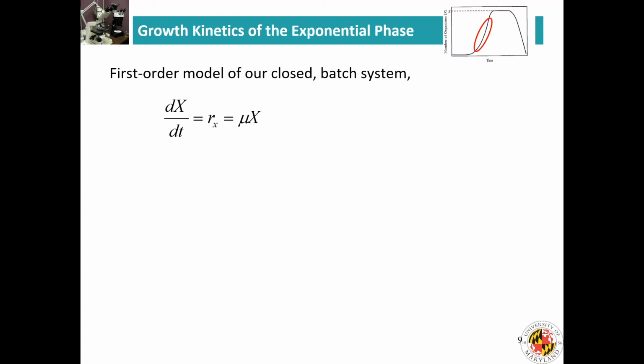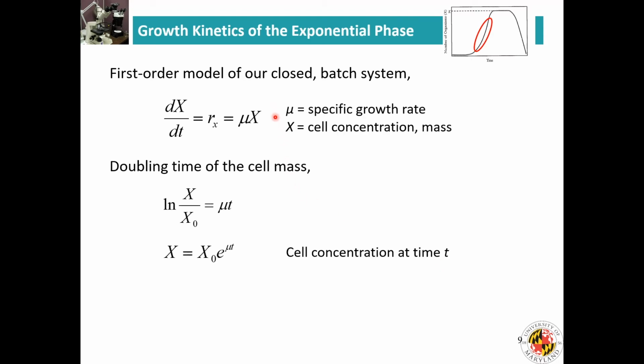Another way to approach this is using the first order model that we talked about in a batch reactor system. So the change in cell concentration over time equals the specific growth rate multiplied by the cell concentration.